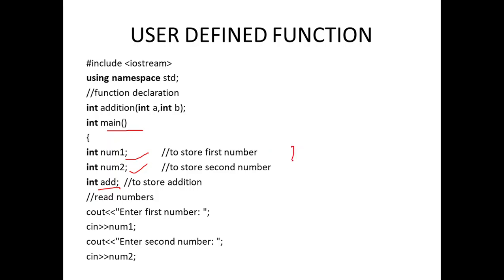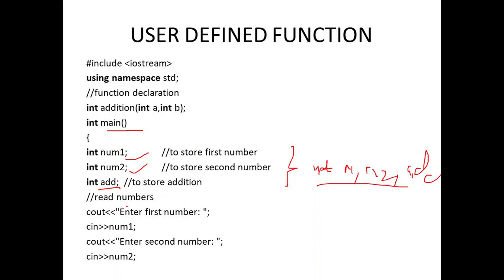We can write it as int num1, num2 and add. If we are writing this in a single statement, or here we are writing in multiple steps, that is the only difference.